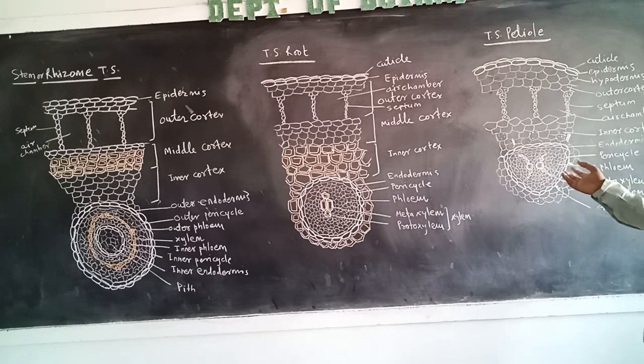The vascular bundles are V-shaped, with central metaxylem and protoxylem at the tip of the arms. This is about the internal structure of rhizome, root and petiole of the Marsilea plant.